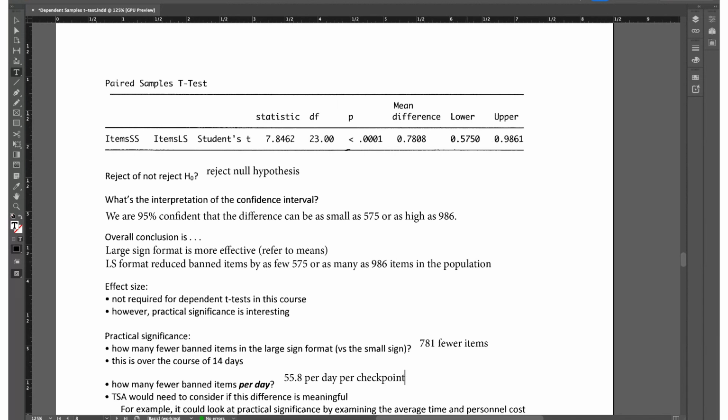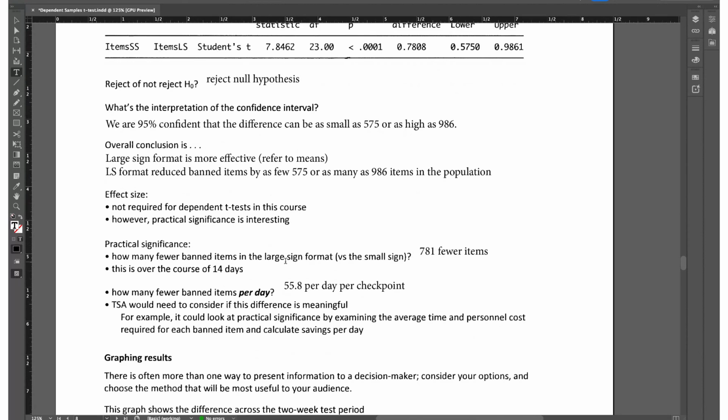Well, is that significant? We don't know. The TSA would have to take a look at that and make a conclusion, right? Hopefully, they have more information that will tell them whether that's good or bad. Like, is that significant that in implementing these two different signs, that the large signs are better in reducing up to 56 per day?